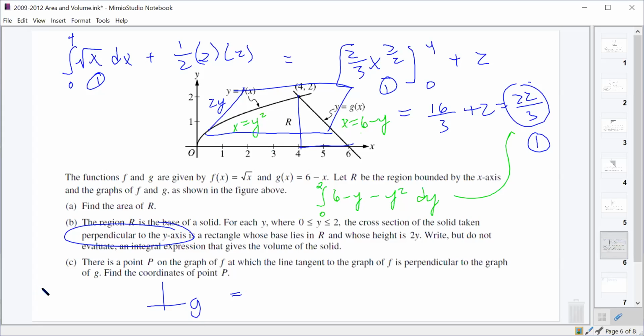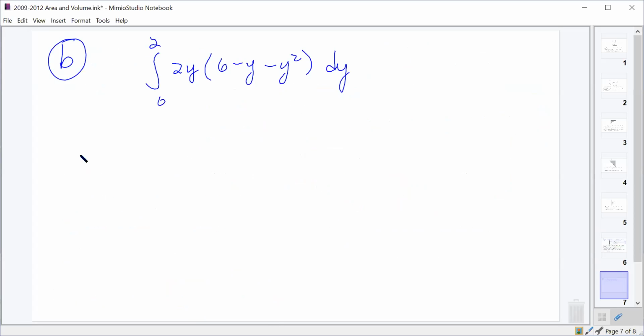What is the slope of g? Slope of g is -1, right? Which you can either get by just knowing the slope of that line or by taking the derivative and getting -1. So what's perpendicular to that? 1. So we want to know, when does f have a tangent line with a slope of 1?